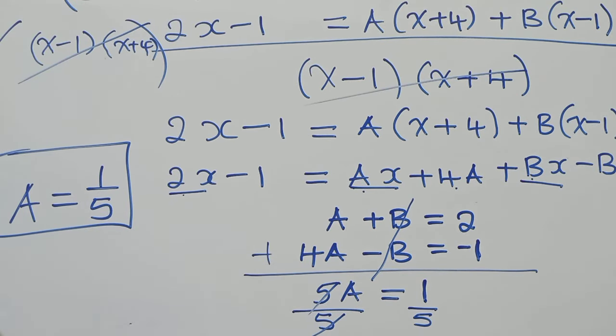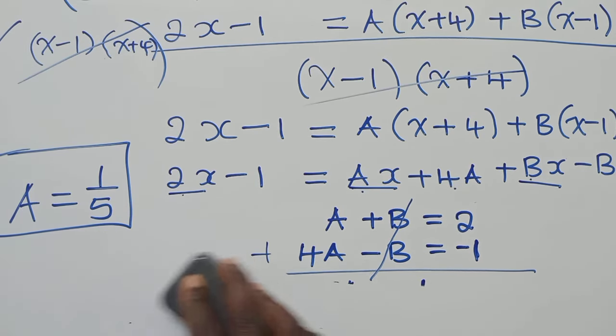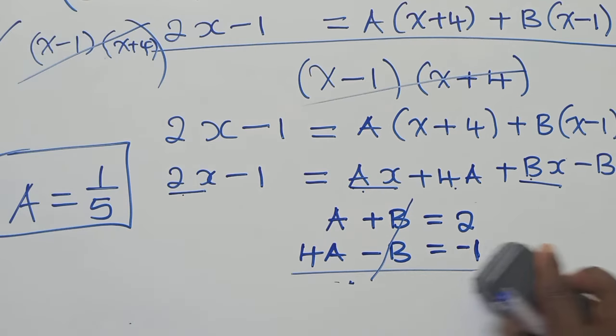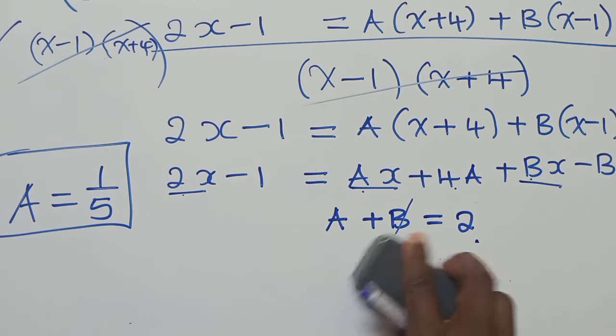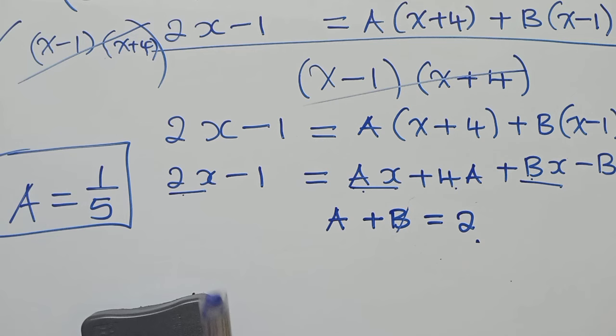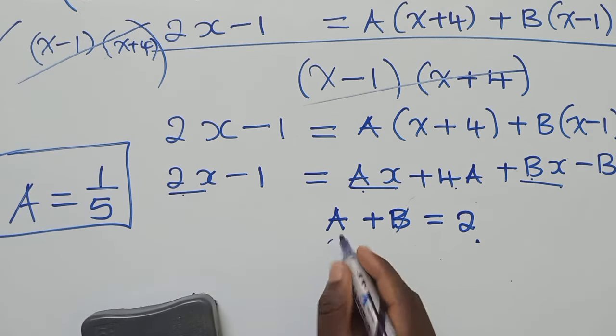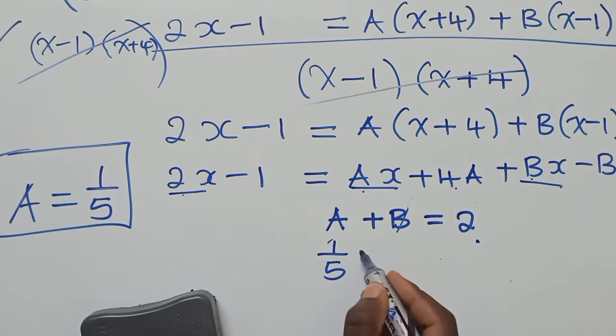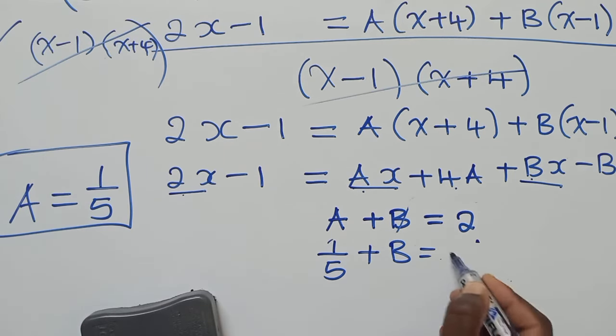Upon finding the value of A, we get back to this stage right here. We pick whichever equation we want to work with, because we want to find the value of B. I'll get the one which is on top and put your A right here, which is 1/5 + B is equal to 2.